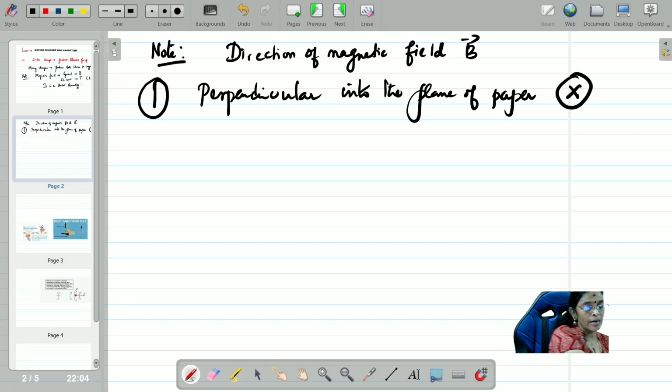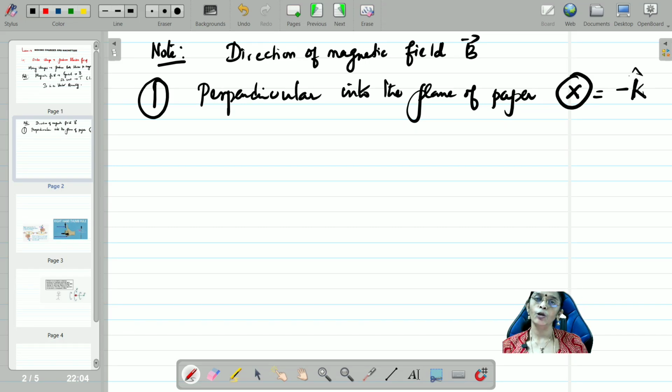Hope you understand, children. So now perpendicular into the plane of the paper is nothing but minus k cap. Minus what cap? K cap. You all must be knowing like I, j, k cap. I cap is along x axis, j cap is along y axis, k cap is along z axis, same thing here.